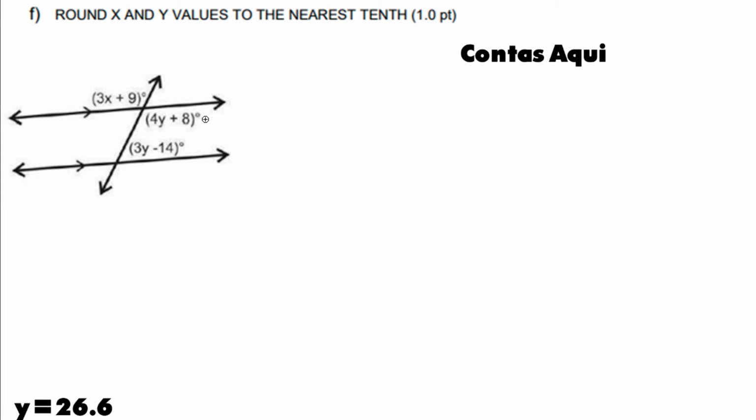We can see that this angle right here, which we're going to call angle 1, and this angle right here, which we're going to call angle 2, are vertical to each other, so they're congruent, they have the same value. And what we do here is create another equation. It's all about equations.